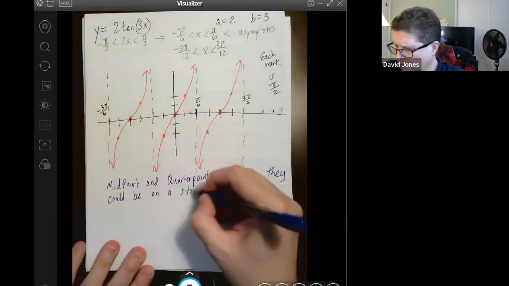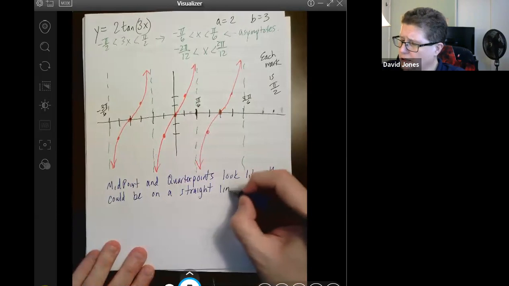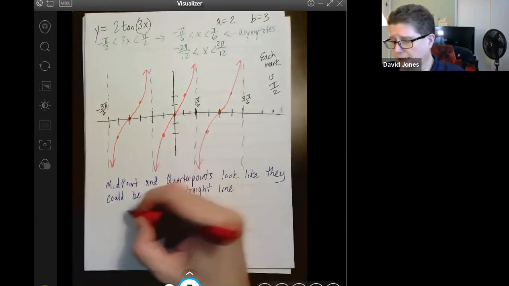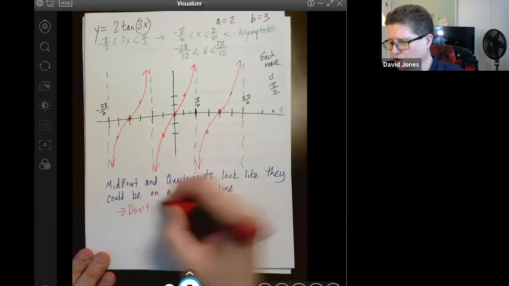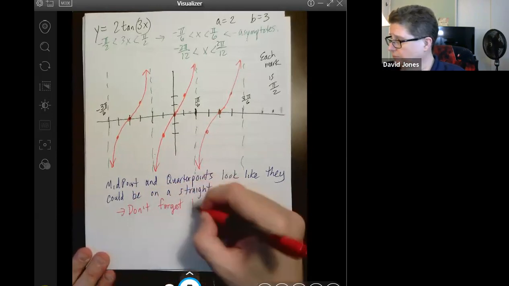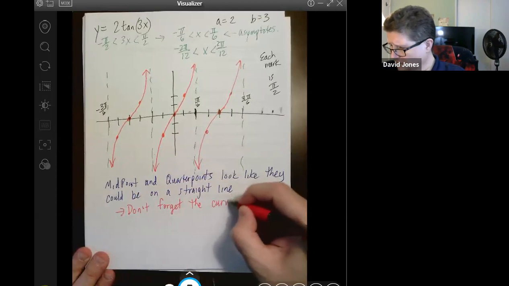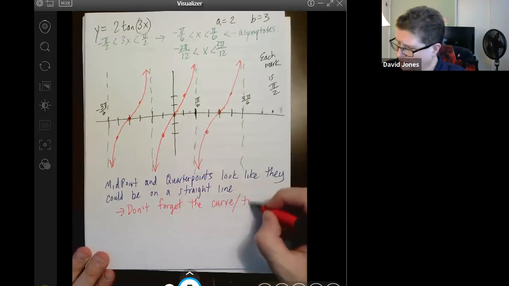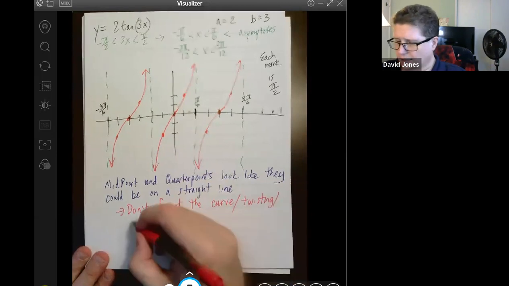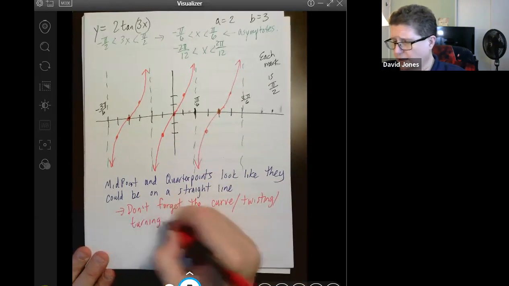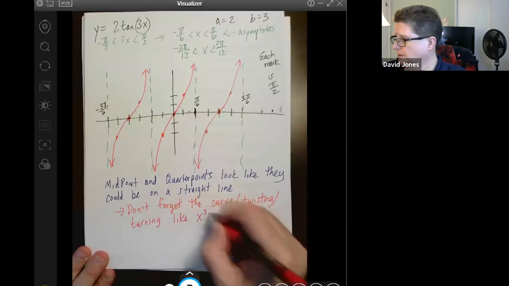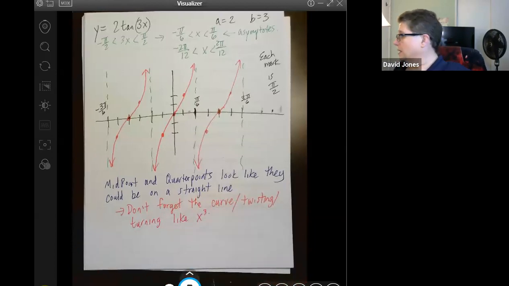So don't forget the curving or twisting effect, or turning, like x cubed. Okay? Ready for more?